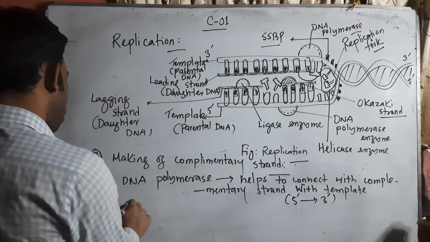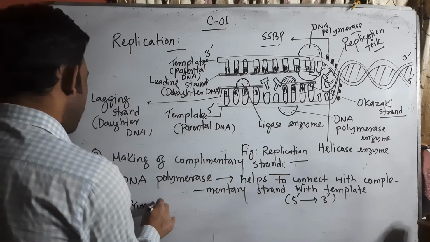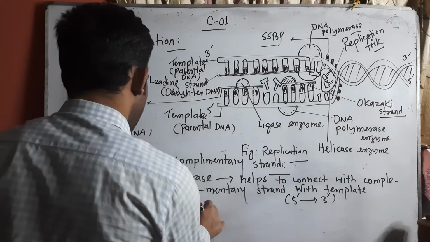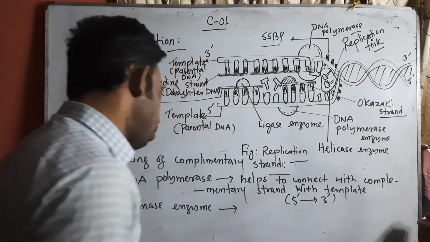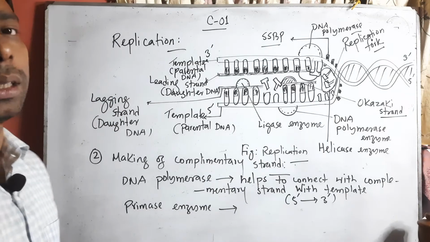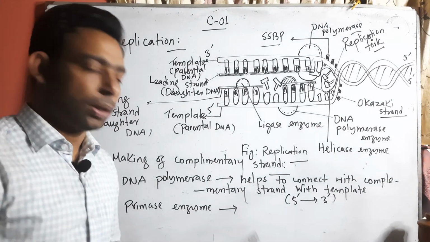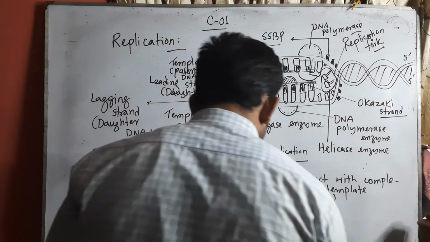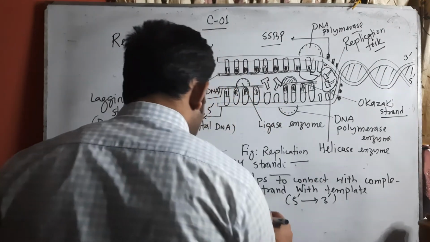Primase, they are also working the primase enzyme, and primase enzyme always helps to make the photocopy of the DNA strand. They help the photocopy of the DNA strand with having the primer.